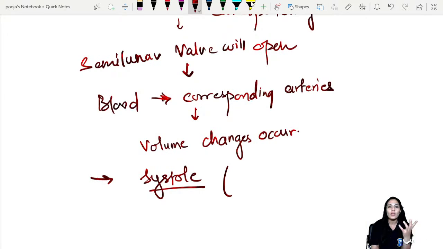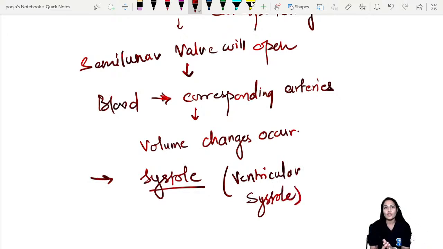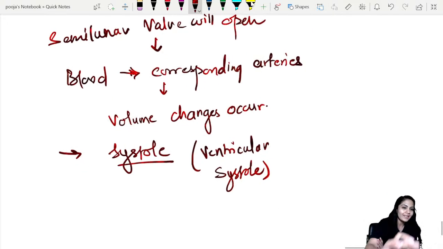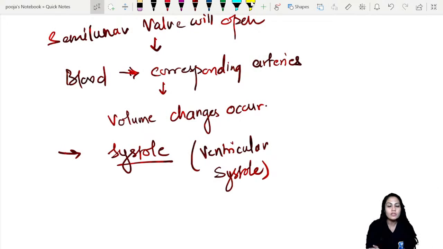It is understood that if someone just says systole, it is the ventricular systole.